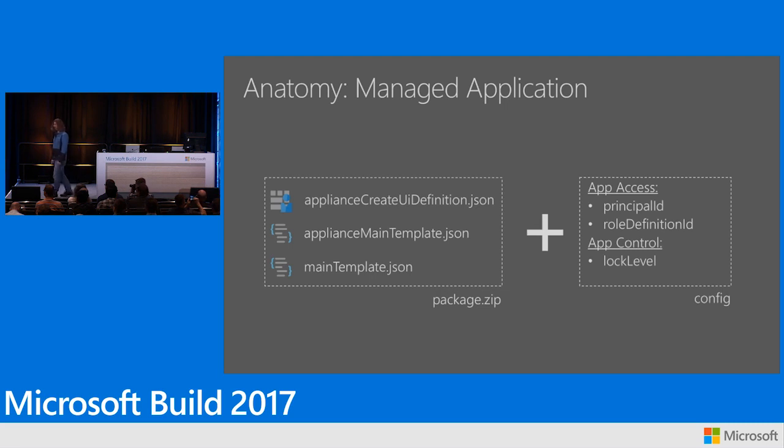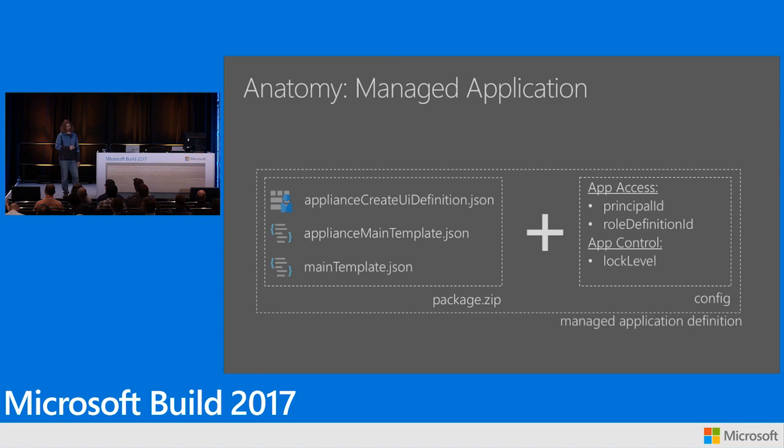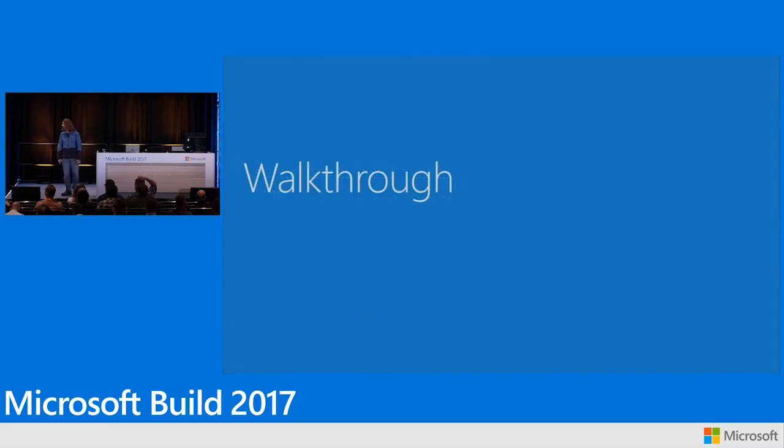And then finally, the app control level. You're able to define, hey, in my managed application, can people be able to read only? Can they be able to read, write, but not delete? Or are they able to do anything they want to the resources in the managed application? And so all that stuff put together is what makes up a managed application definition.